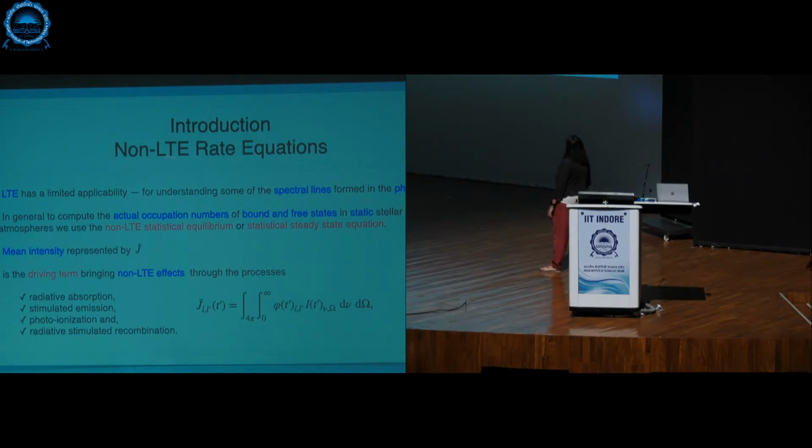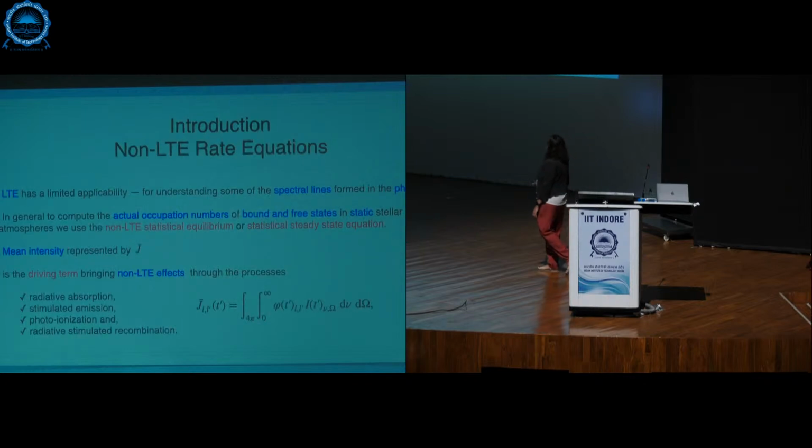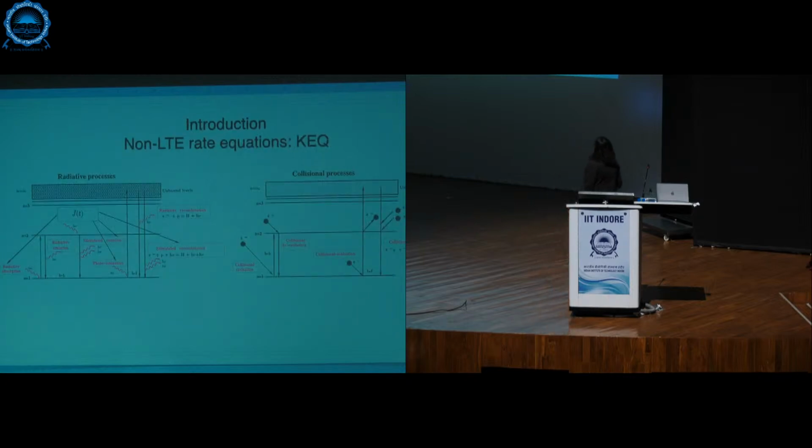Here, the driving term is this mean intensity, which is actually the integral of the specific intensity over all frequencies and angles. And further, this drives the physical processes such as radiative absorption, stimulated emission, photoionization, and so on.